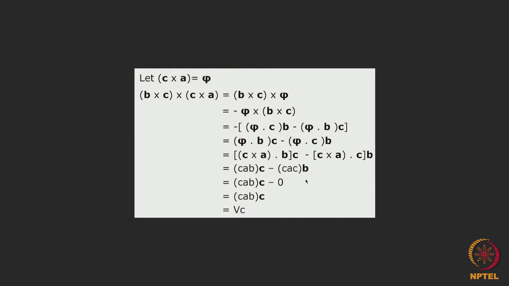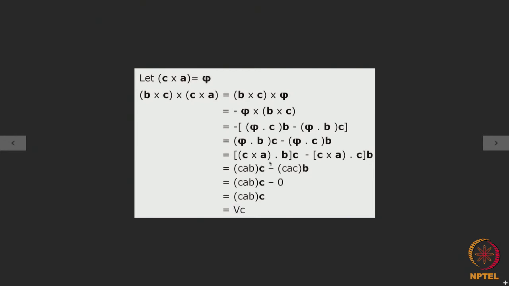Now, in a similar manner, we can find out the cross product between B cross C and C cross A. Again, we put C cross A equal to vector phi and put it in place here, and if you interchange these two vectors, so phi comes earlier, it will be a minus sign here, phi cross B cross C, and then it will be phi dot C B, because this product we already know, minus phi dot B C. It will be phi dot B C minus phi dot C B, and then we can substitute for phi here.